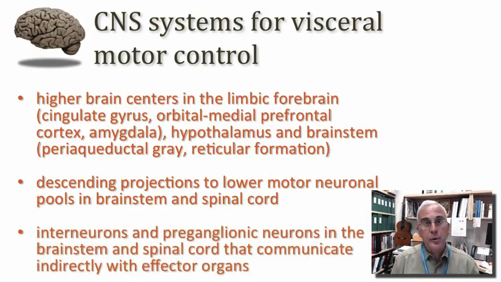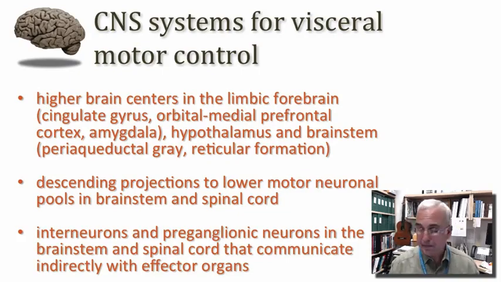So indeed, we're going to want to roughly localize these descending projections, but primarily focus on the distribution of our preganglionic and ganglionic neurons when we talk about the visceral motor outflow. So one point of emphasis in your studying will be to understand how the organization of the sympathetic and parasympathetic divisions differ not only functionally but also anatomically.